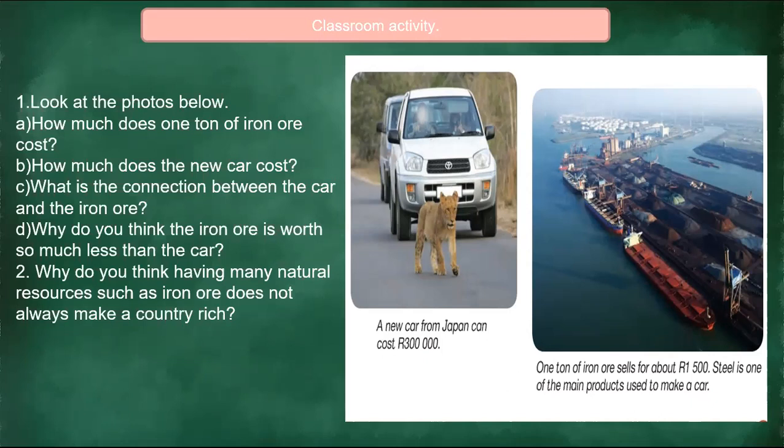For example, South Africa will export iron ore to America, and then America will manufacture it and make a car. South Africa will sell the iron ore at a lower price, such as 1,500, and in return, America will sell the car to South Africa for 300,000. So you see, these things make countries not rich.